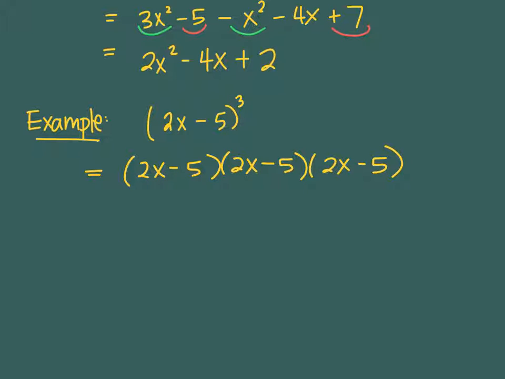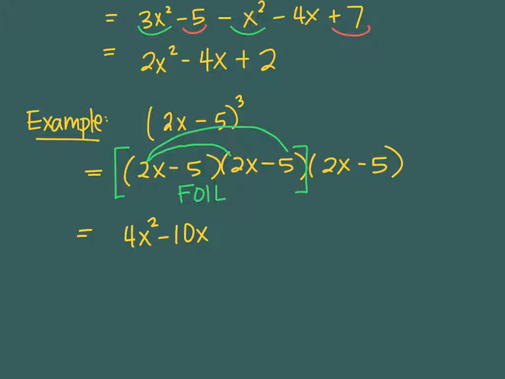Now this is a FOIL problem because I work with 2 at a time. I'm going to take the first 2 and I'm going to FOIL that. And to FOIL you work on first, then outside. So first would be 2x times 2x, and then outside would be 2x times negative 5. So that's going to give me 4x squared minus 10x.